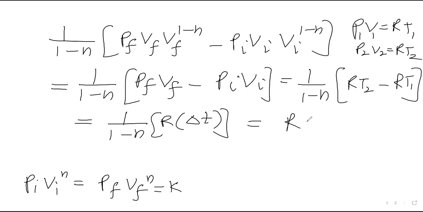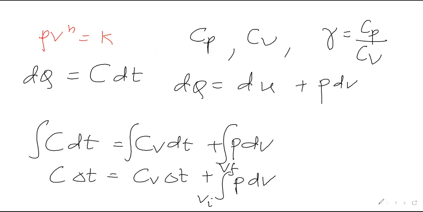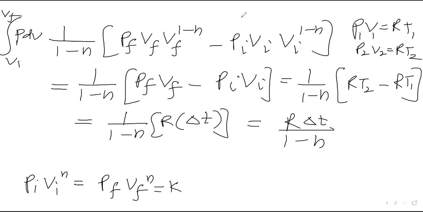So finally I'll get R delta T upon 1 minus N. That is our integral P dV from V initial to V final. So if I replace that in the previous part, I'll get something as this.